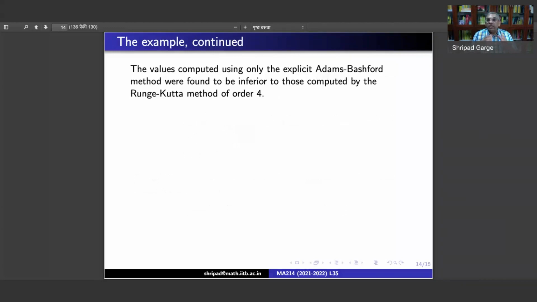The errors were bigger than the errors for the Runge-Kutta. However, now we have managed to do better. Although we may have started badly with the Adams-Bashforth, by combining it with Adams-Moulton, we have managed to end this lecture on a brighter point.